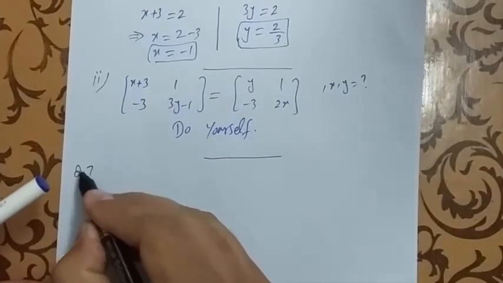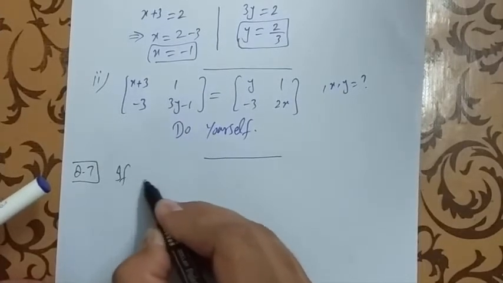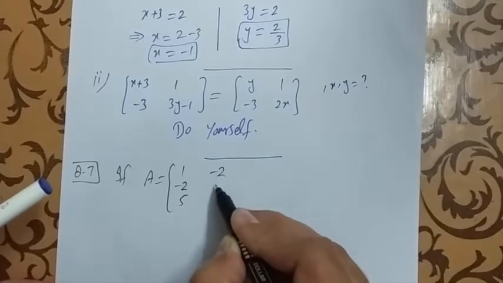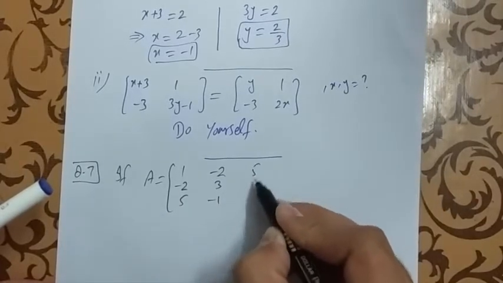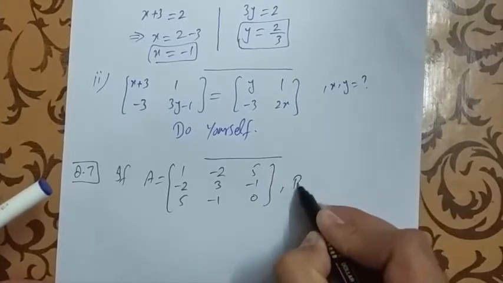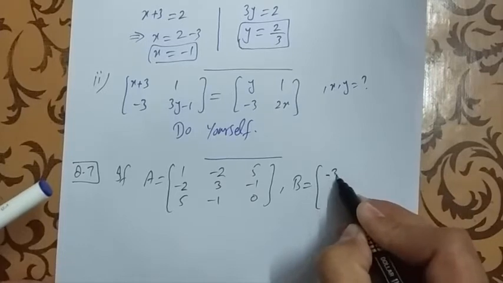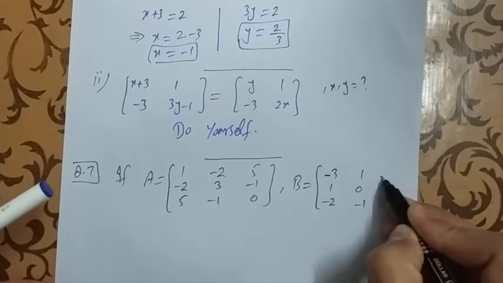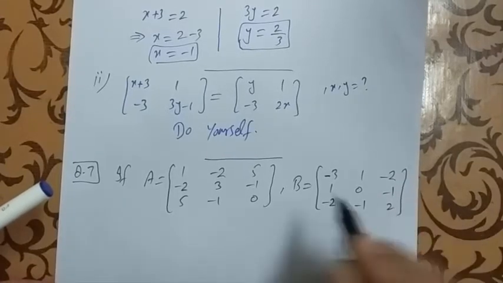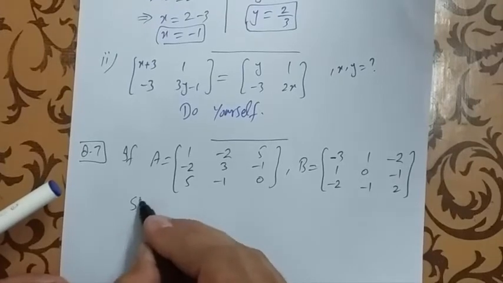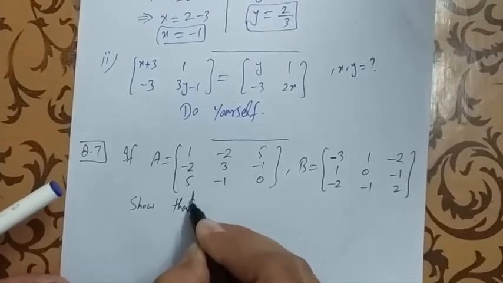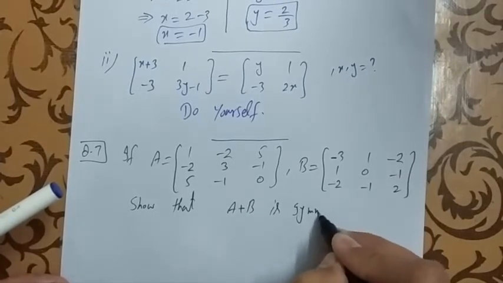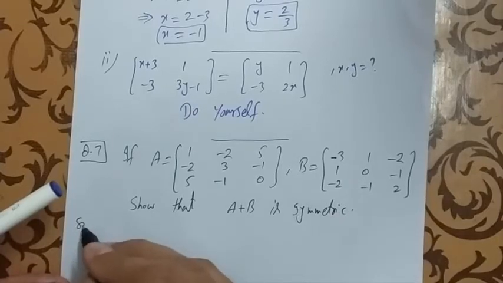In question number 7, if A is the matrix [1, -2, 5; -2, 3, -1; 5, -1, 0], and B is the matrix [-3, 1, -2; 1, 0, -1; -2, -1, 2], students, show that A plus B is symmetric. Solution.